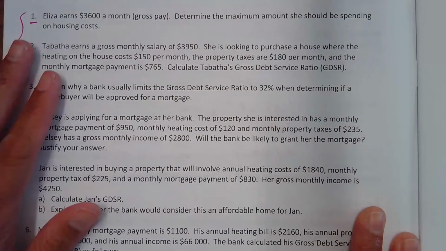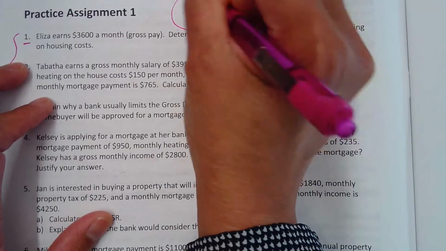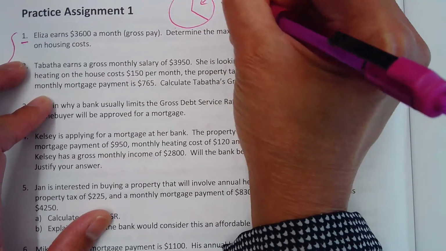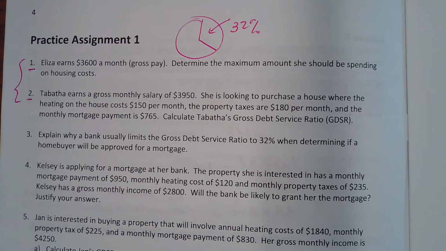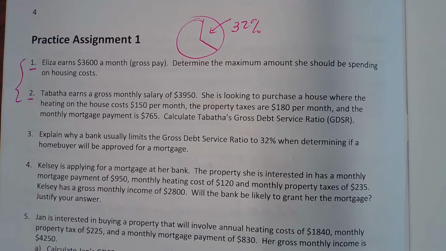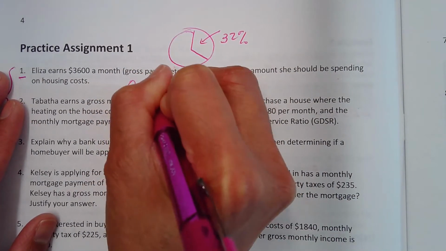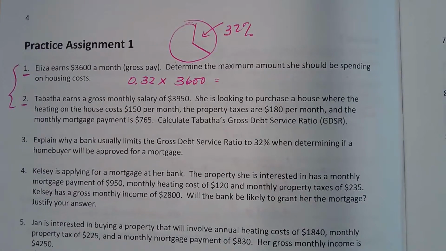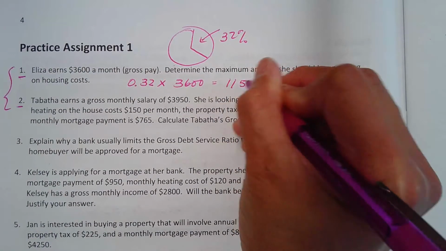Now, we know that if this is her income, $3,600, only about 32% should be spent on those three things: mortgage payment, property tax, and heating. So 0.32 times 3,600 is 1,152.